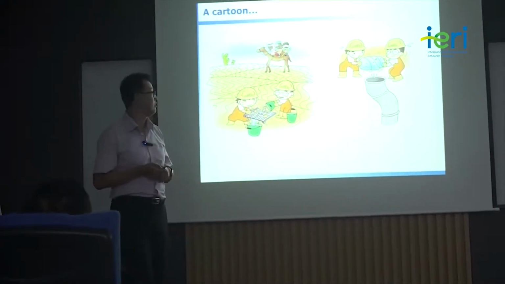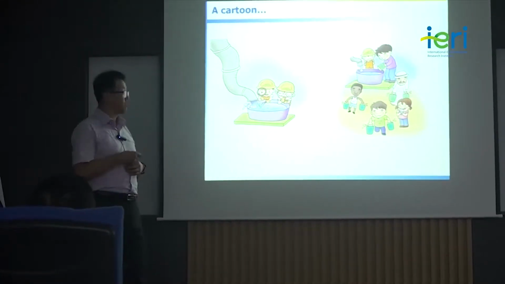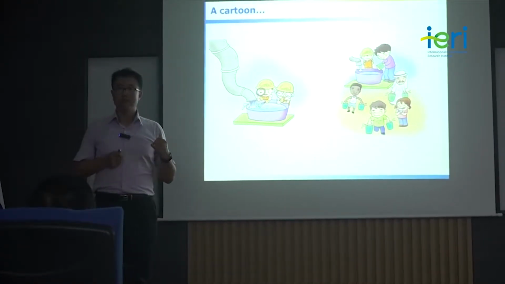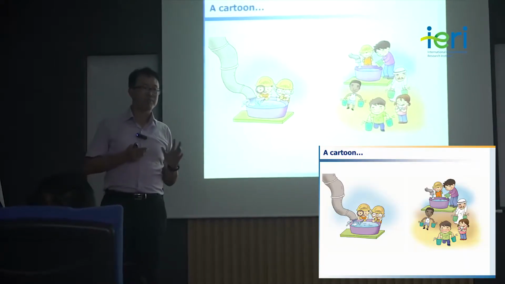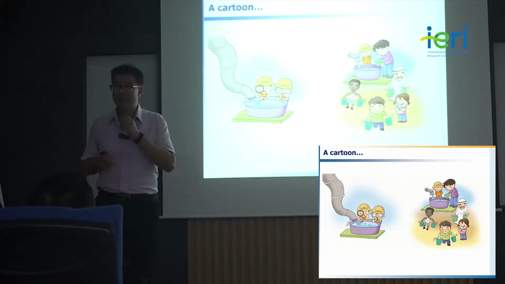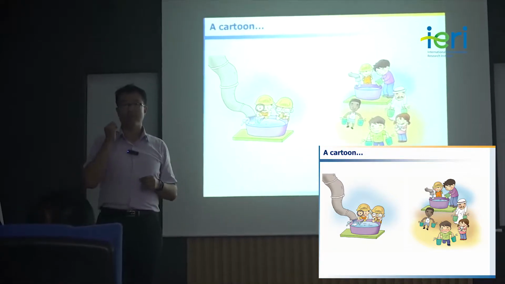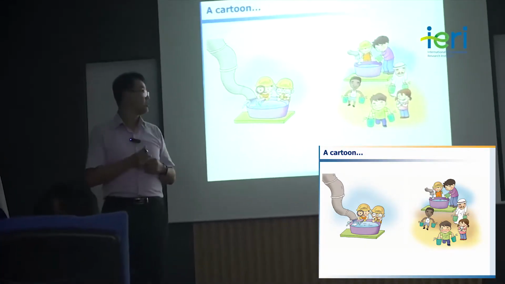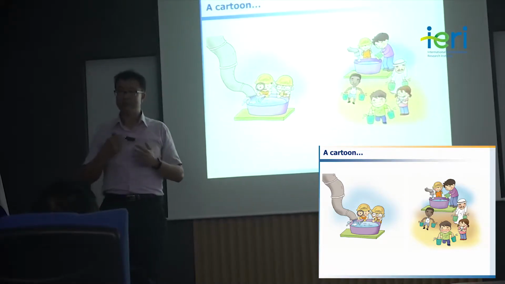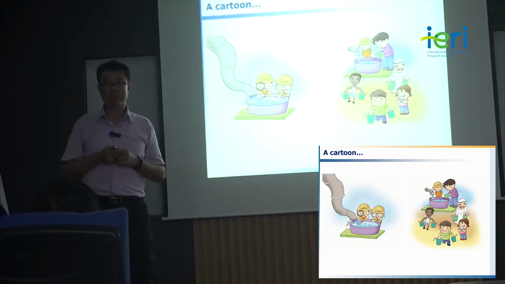That is desalination. And the next step we call post-treatment. If we are using that fresh water as drinking water, we need to add some hardness by adding calcium or magnesium. That kind of process is called post-treatment.